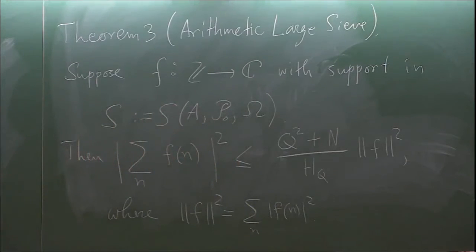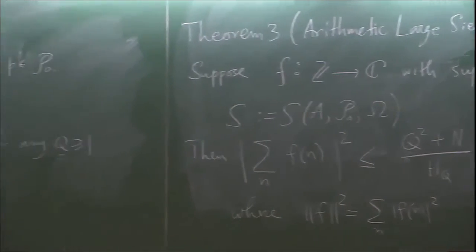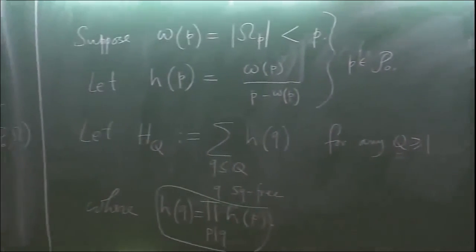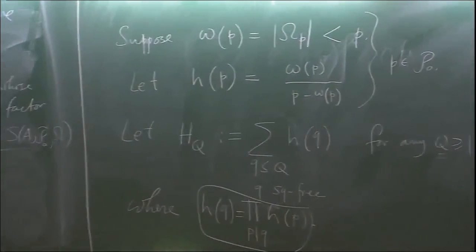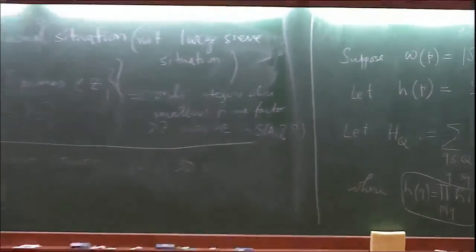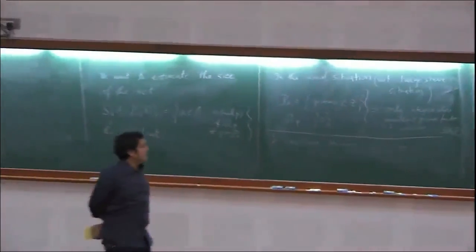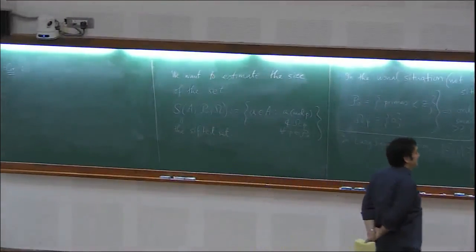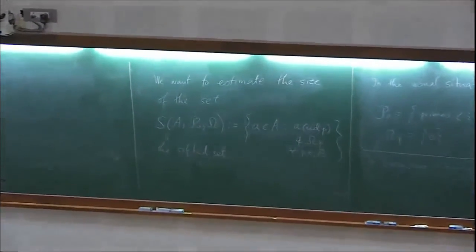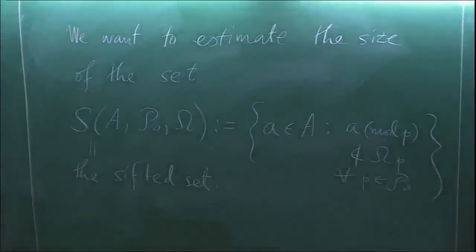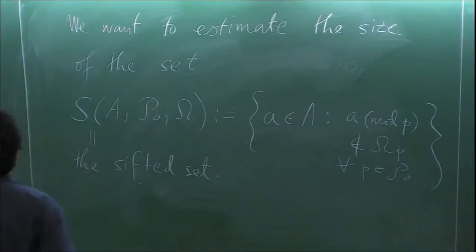And a corollary is, if you take f to be the indicator function of S, then the left hand side will be size of S squared, and the right hand side is Q squared plus N by HQ times size of S. So cancelling size of S, I get the bound.